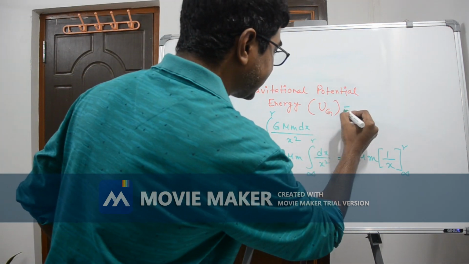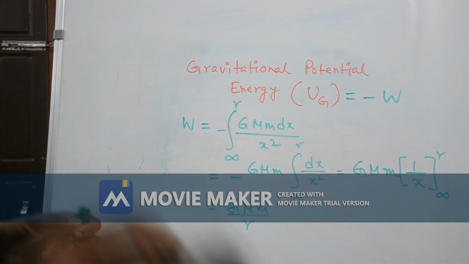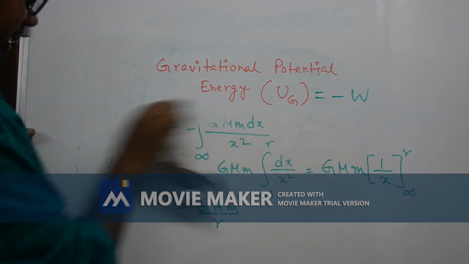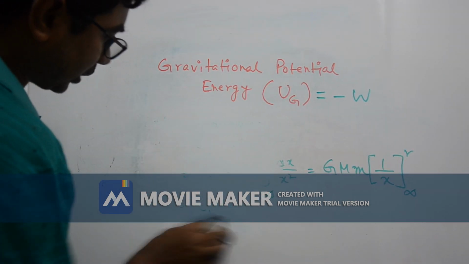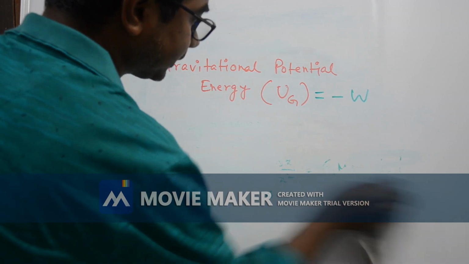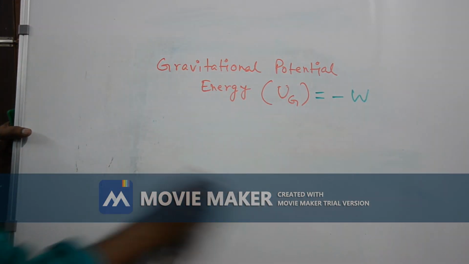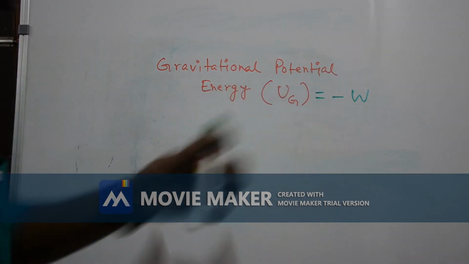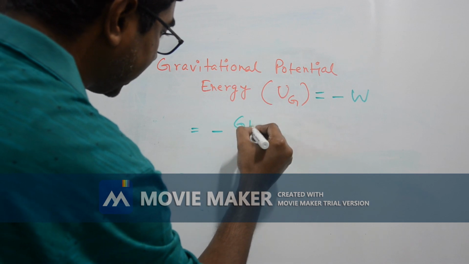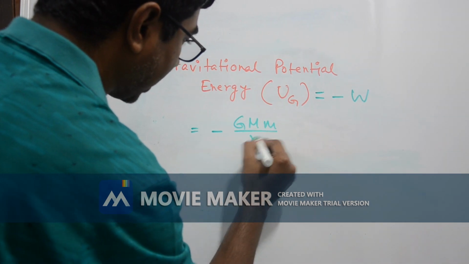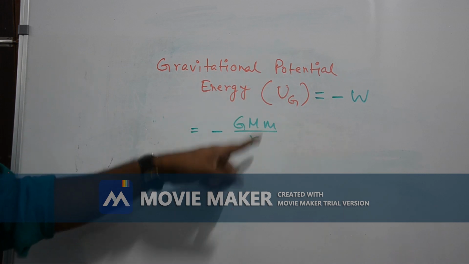So Ug is defined as minus W. In this particular case, to calculate the gravitational potential energy due to that source object of capital M, the work done came out positive, so eventually the gravitational potential energy will be negative. It will become minus GMm by r.